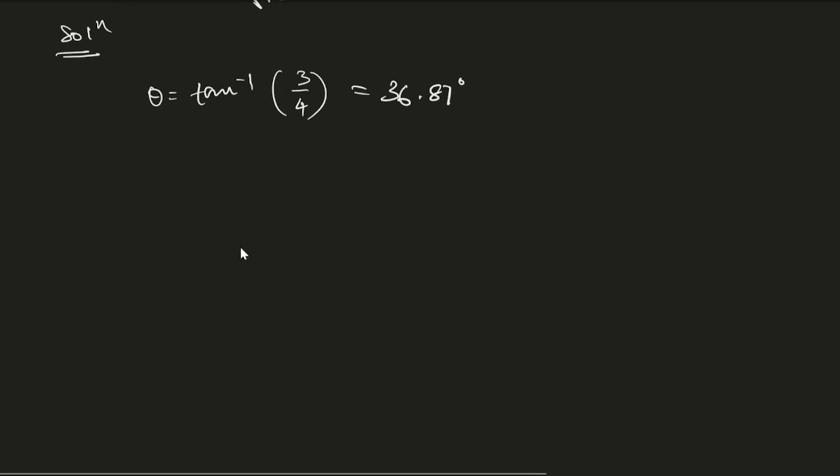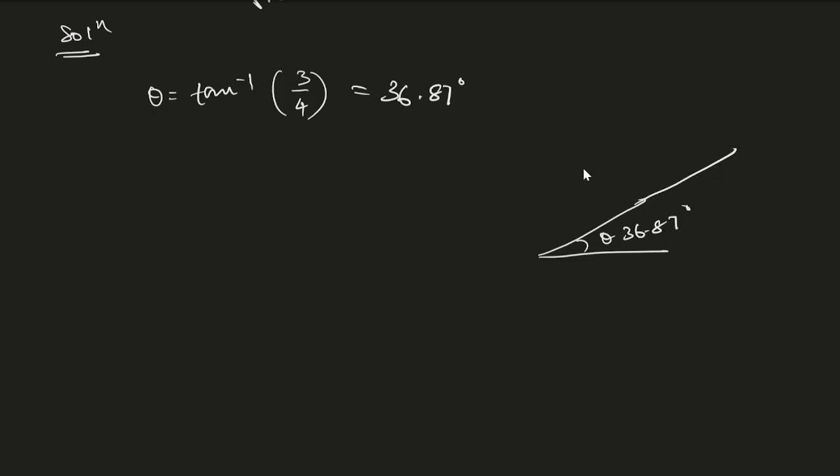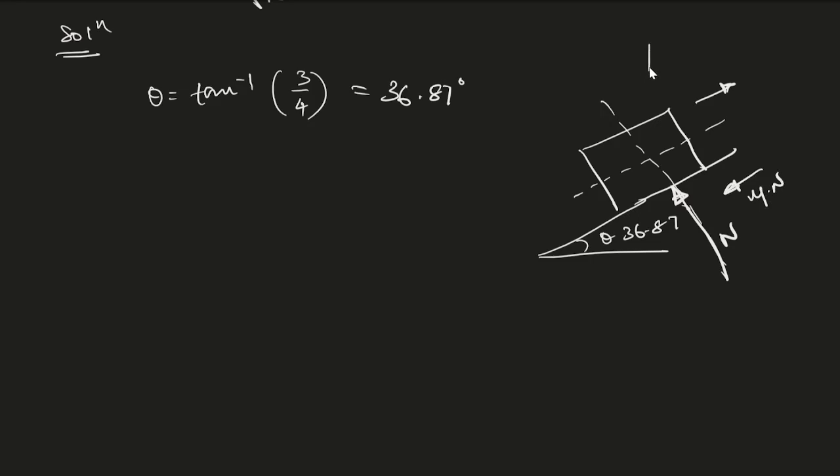Now here the angle is 36.87 degree. This is our normal reaction and the direction is upward. This will be your frictional force mu N, and here we will have the weight acting downward. The mass of the box is 2 kg, so this can be converted to Newton as well, 2 into 9.81.